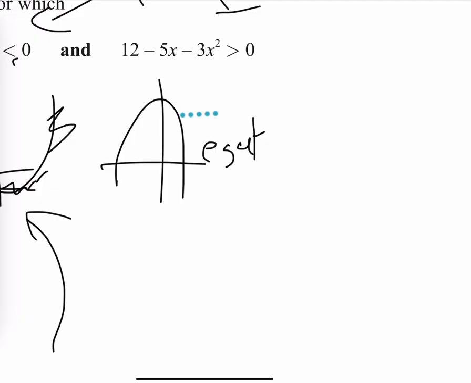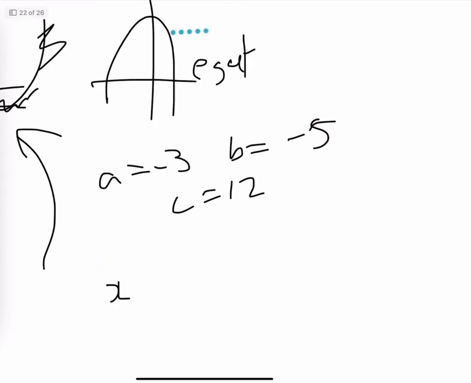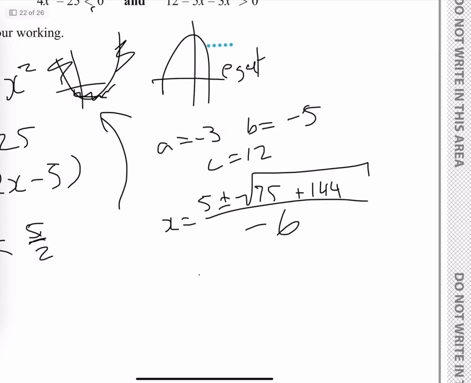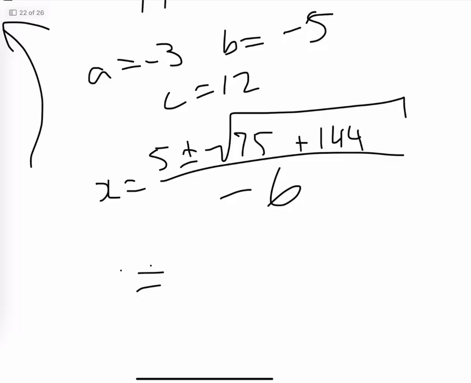So we get a equals minus 3, b equals minus 5, c equals 12, x equals minus b plus or minus the square root of b squared minus 4ac plus 144 all over 2a, which is minus 6. So that we get equal to plus or minus 13, which would give me 18 over minus 6 equals minus 3.